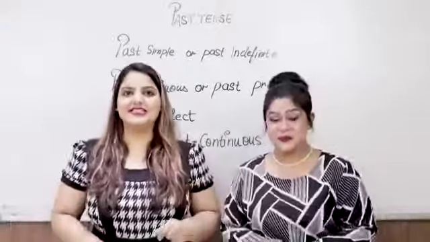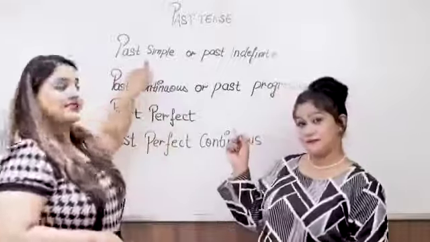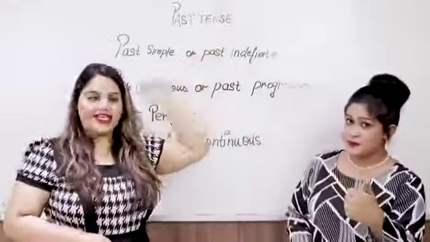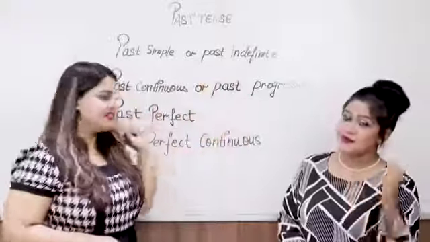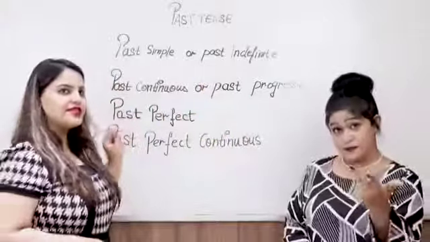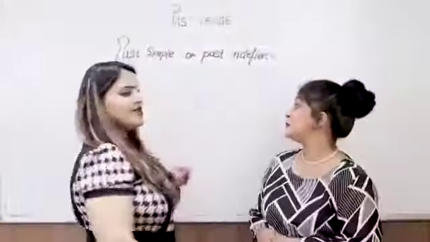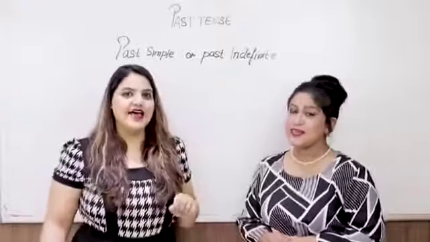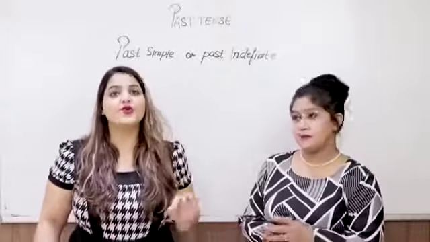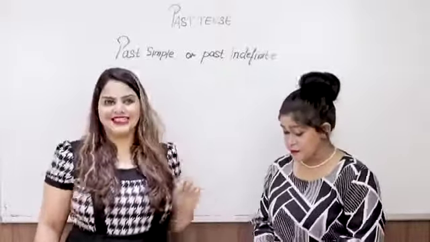Like present tense, past tense too has 4 forms. Past simple or past indefinite tense, past continuous or past progressive tense, past perfect and past perfect continuous tense. So now when we talk about simple past or past indefinite tense, there are 2 ways in which you can use it.